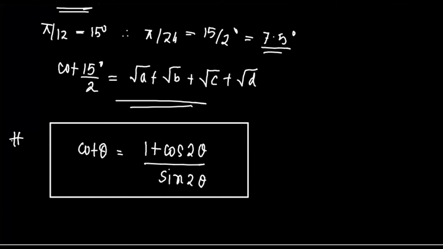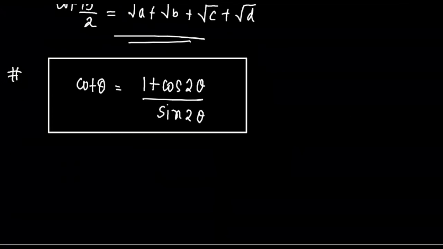Very important. Okay, cot theta is equal to, you can solve this one, 1 plus cos 2 theta means what? It is 2 cos square theta, and in the denominator it will be 2 sin theta cos theta. So obviously cos theta will get cancelled. So in the numerator 1 cos theta will be left, and 2 will get cancelled. So cos theta by sin theta will be cot theta. Okay. So cot theta is equal to 1 plus cos 2 theta by sin 2 theta.